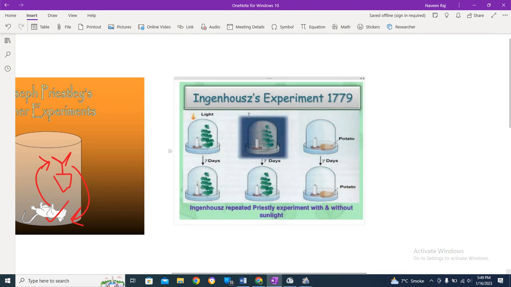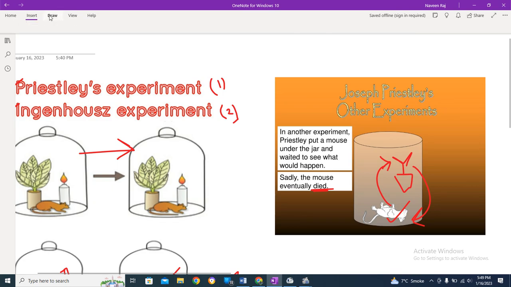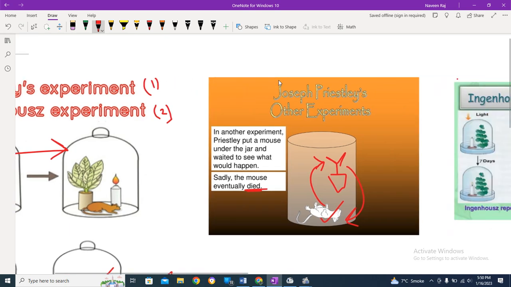This one is good. Now what I said before, in the starting of the video, was that this followed the equipment, the apparatus, of Priestley. Ingenhousz took the same apparatus and made some changes.